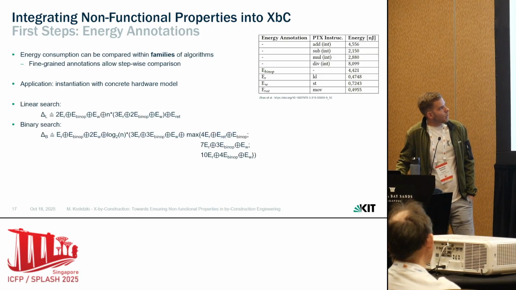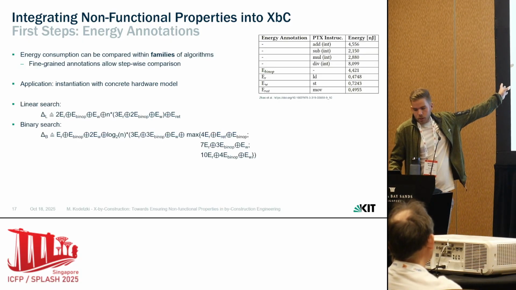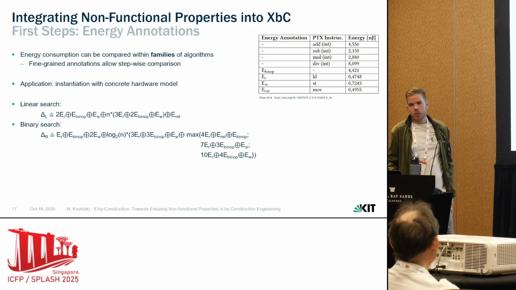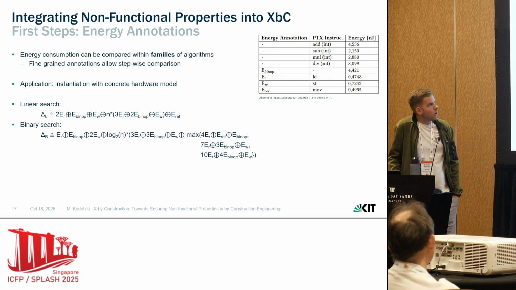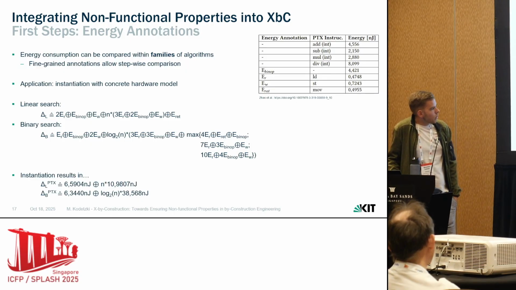And now we could say, okay, we take the energy annotations of linear search and also of a second implementation, binary search, and initialize them with the values of our energy model. This would look like this.